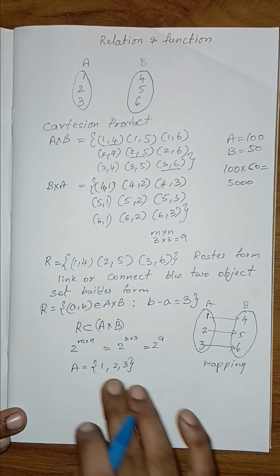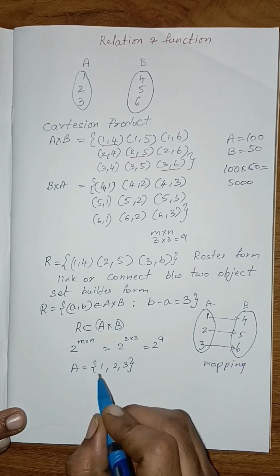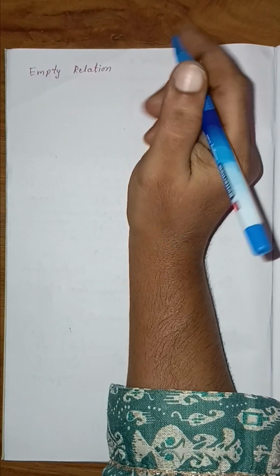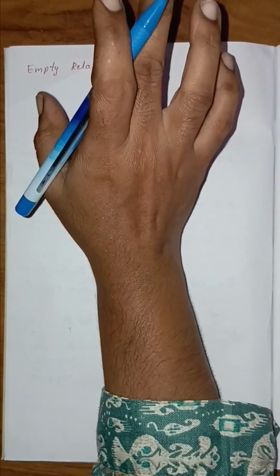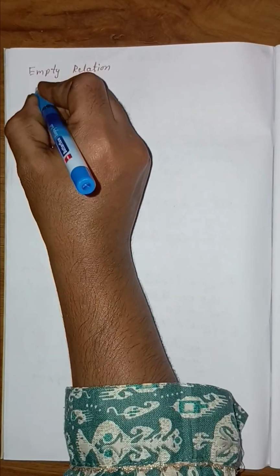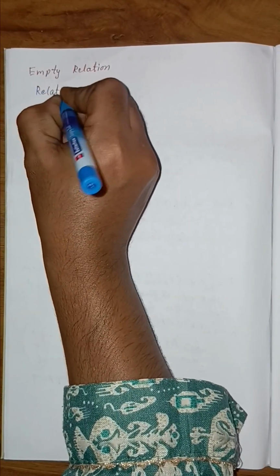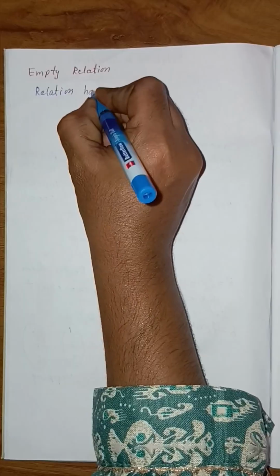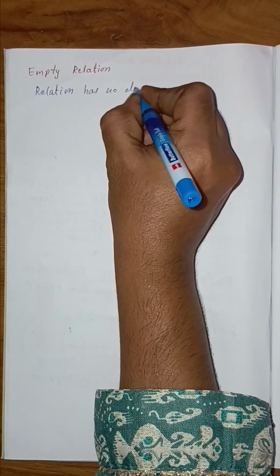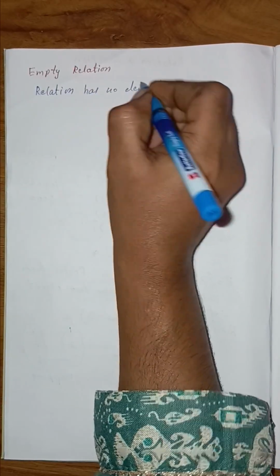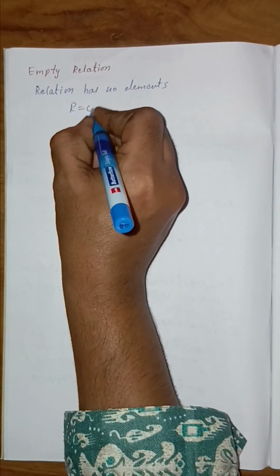Then we are going to find the relations for the same set. First, the empty relation. Here the relation will not have any elements, that is R is equal to null.